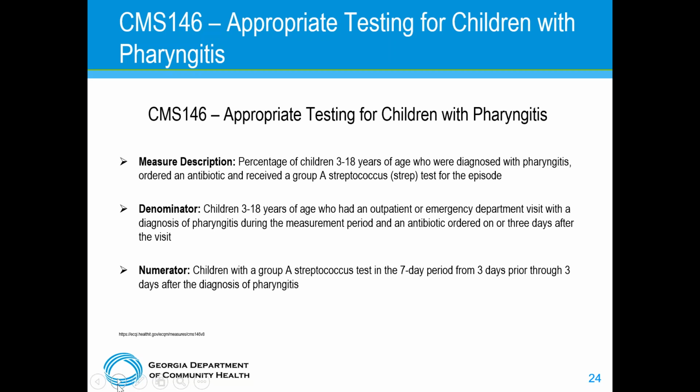In the denominator are those 3 to 18 years of age who had an outpatient or an ED visit with a diagnosis of pharyngitis during the measurement period, and they did receive an antibiotic on or 3 days after the visit. Specifically targeted for the numerator are those children that had a Group A strep test in the 7-day period from 3 days prior through 3 days after the diagnosis of pharyngitis.